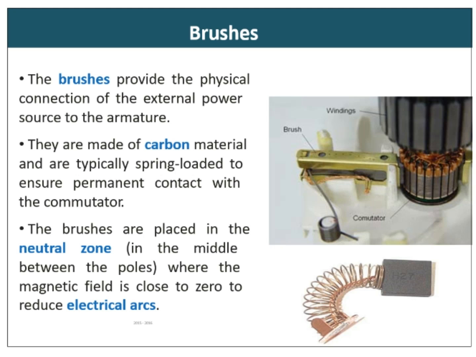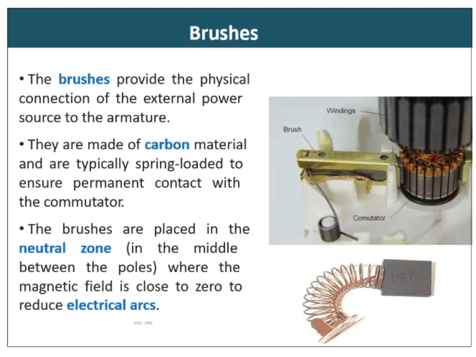To prevent that, these brushes are spring loaded, so when one is wearing out, it is pressed into the commutator, so that there is a very good permanent connection between the brush and the commutator, right? So this is basically the parts of a DC motor.